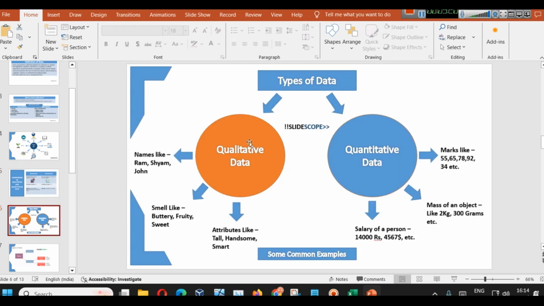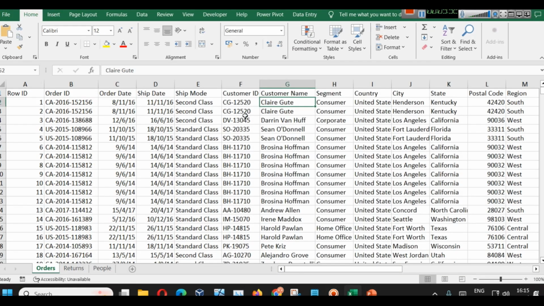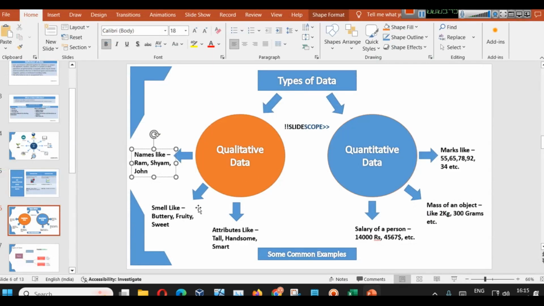For this type of data, we have some examples, like if someone's name is given, right? Like Ram, Shyam, John, Mohan, right? So it is qualitative data. Also, if a segment of that person is given, like to what segment that person belongs, to what country, what city, what state, what shipping was used to send, what region that person belongs to, etc., those are qualitative.